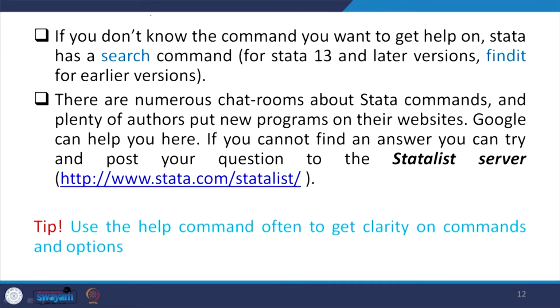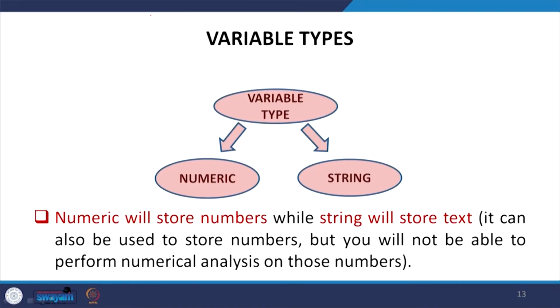Okay. And let me move on to some other information, like variable types, what kind of variables are there, how they are important for our analysis, and how they are entered. Broadly, variables are numeric type and string type.